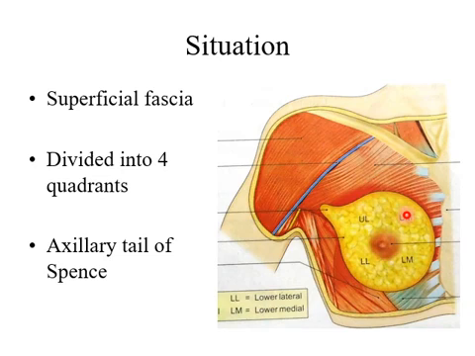This mammary gland is divided into four quadrants: the upper lateral quadrant, upper medial quadrant, lower lateral quadrant and lower medial quadrant.